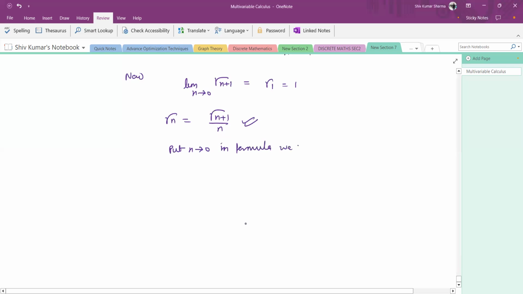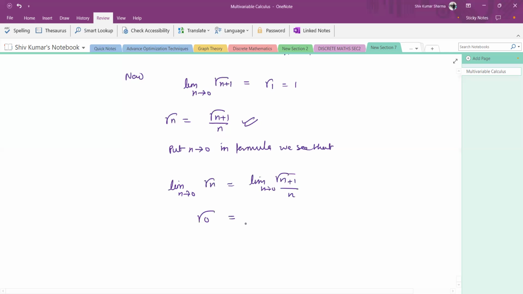So we see that limit n tends to 0, gamma n is equal to limit n tends to 0, gamma n plus 1 upon n. So n tends to 0 means gamma 0.